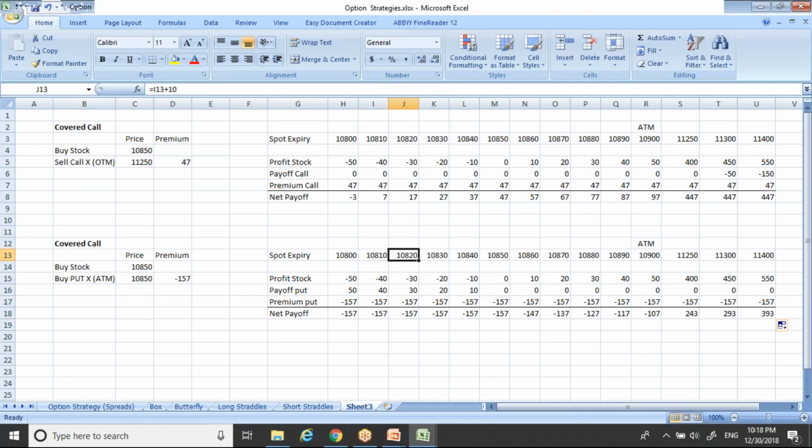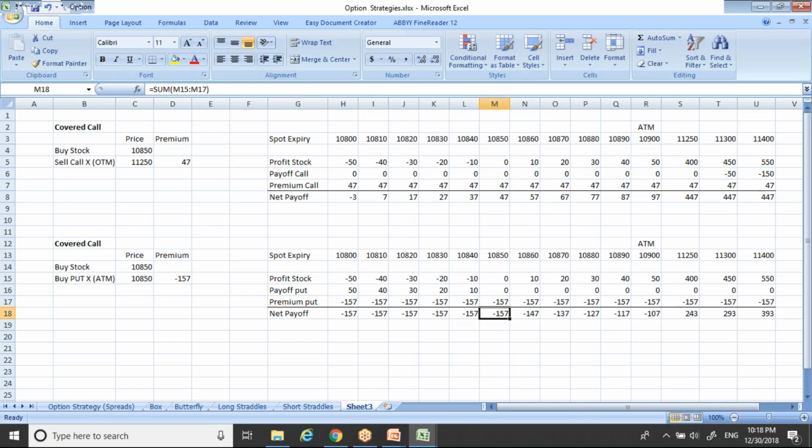So no matter wherever the market goes down, okay, it is going to 10,800 or even 10,000, your loss is how much? 157. It is not more than that. Why? Because stocks will give you unlimited loss, but puts will give you unlimited profit. So the amount of loss from shares will be offset by the payoff from the put. But because you have paid a premium of 157, your net loss will be 157.